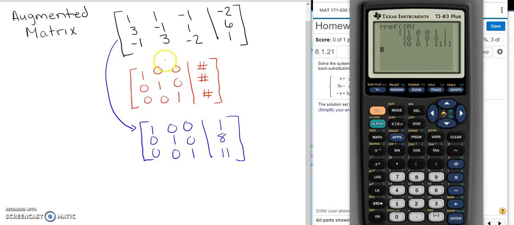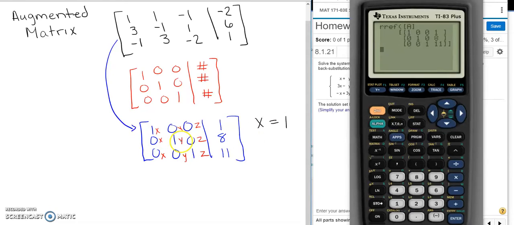So what does this mean? Well, what would this mean if we put the variables back in, right? This is X, this is Y, this is Z, right? X, Y, Z, X, Y, Z, right? If we put those variables back in and look at it for a second, my first equation is 1x plus 0y plus 0z equals 1.